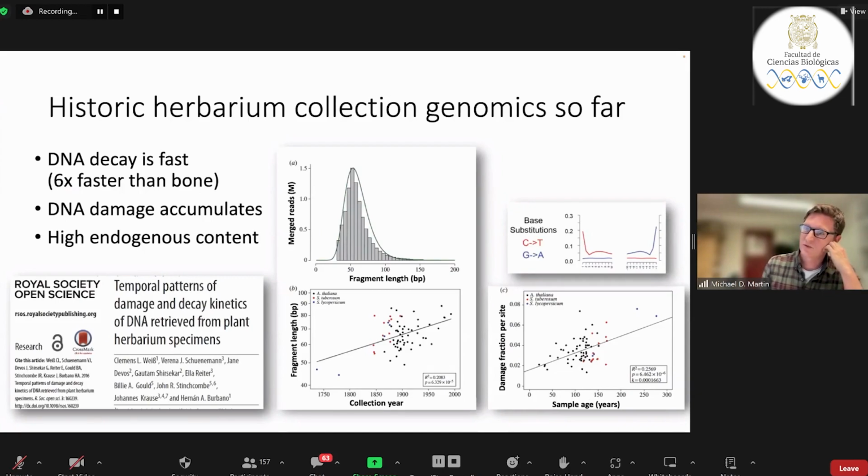And this can be a big problem with museum collections, that over time, what starts off as a specimen with 100% DNA from the host organism is colonized by bacteria and other microbes, and those microbes can become a very large proportion of the total DNA available, which makes them very difficult and very expensive to sequence, because we have to sequence a proportionally higher amount of DNA to recover the entire host genome. But this is not such an issue with plants, which is a good thing.